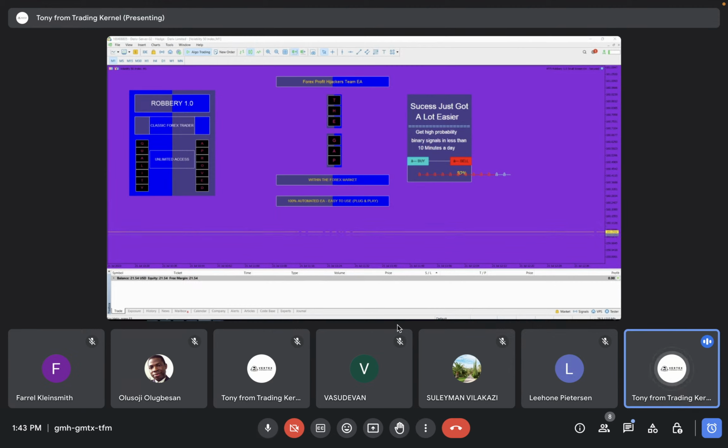Let's say for example you have $20 and you want to turn your $20 into $1,000. Obviously you're not going to be trading with a system like the Akani trading system. You could trade with a system like the Robbery 1.0 or the Sophia or aggressive trading systems like the Titan X and the rest of that.